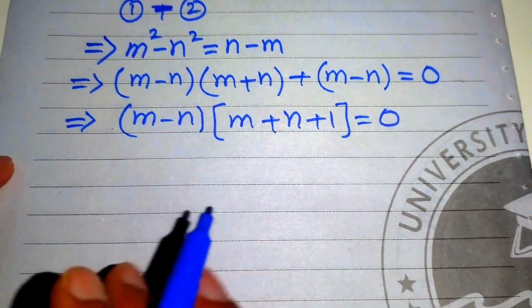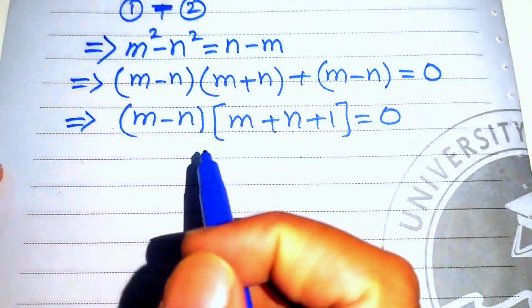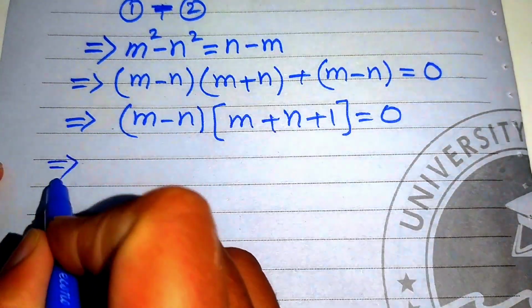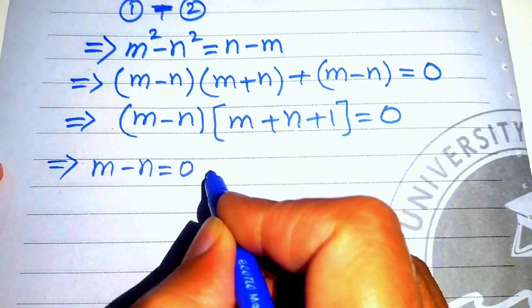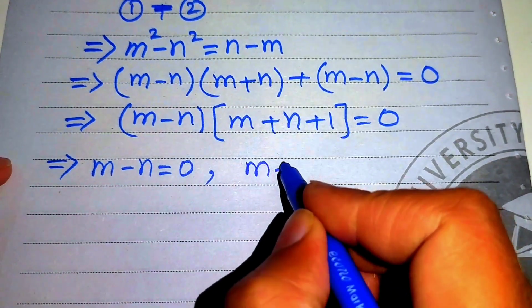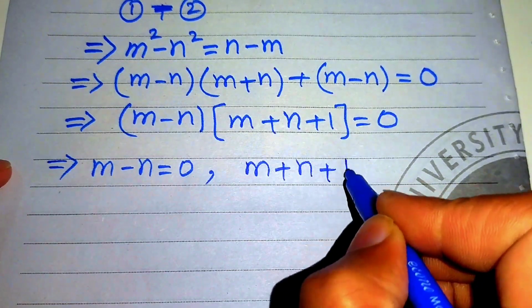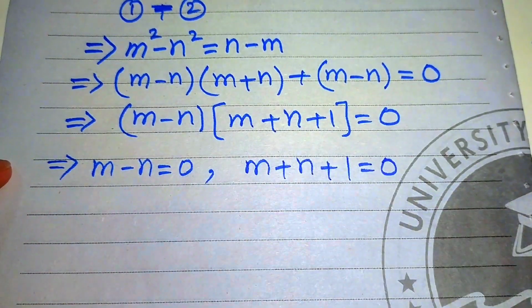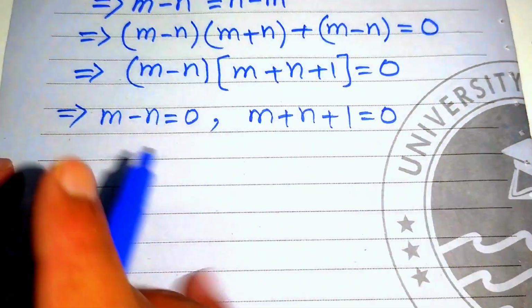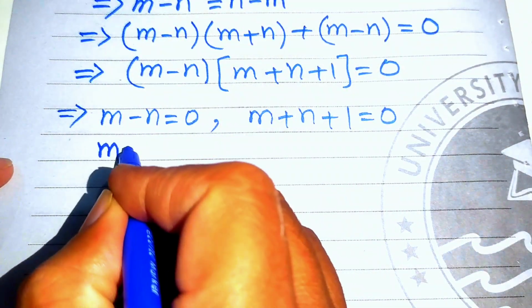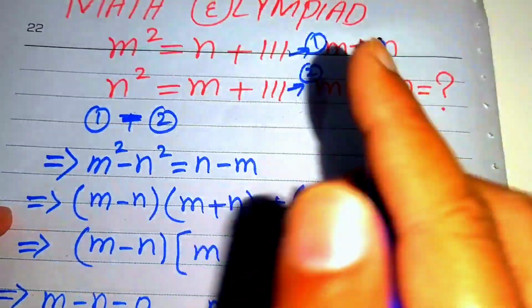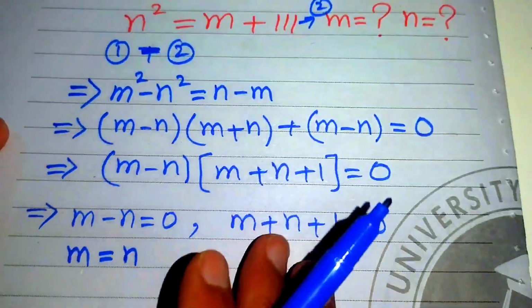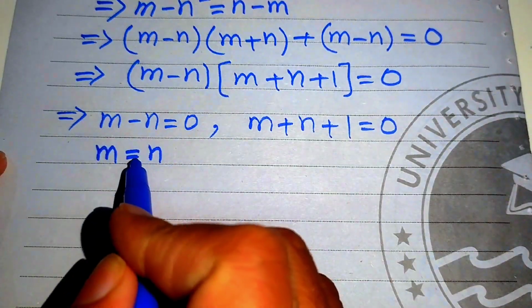In the next step, we convert this equation into two cases. The first case is m minus n equals 0, and the second case is m plus n plus 1 equals 0. In the first case, we get m equals n, but at the start of the problem we see that m is not equal to n.